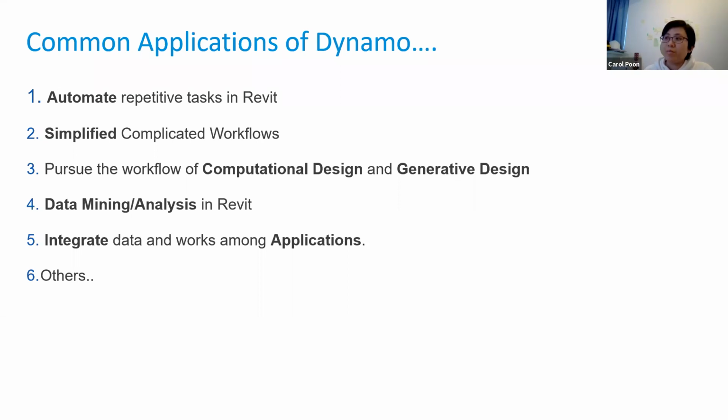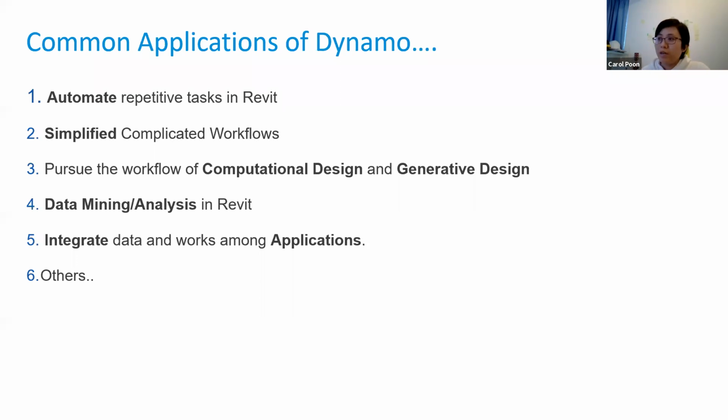Next is data mining and analysis in Revit, because BIM, Building Information Modeling, is an information hub which includes a lot of data. So you may make use of this data for further analysis. Dynamo offers a very good tool for you to extract or input this data to Revit. It also can connect with Microsoft Excel.